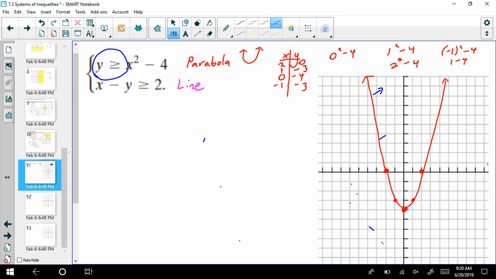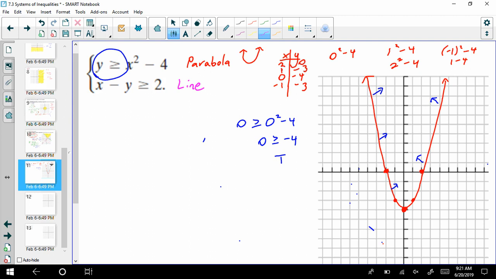So that would actually be above it here. I'm just going to make myself a note. But if you wanted to do a test point, if I plugged 0, 0 in, I'd get 0 is greater than -4, which is true, meaning I would want 0, 0 to be in the shaded region.